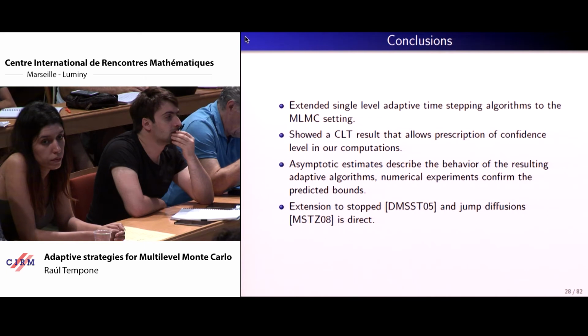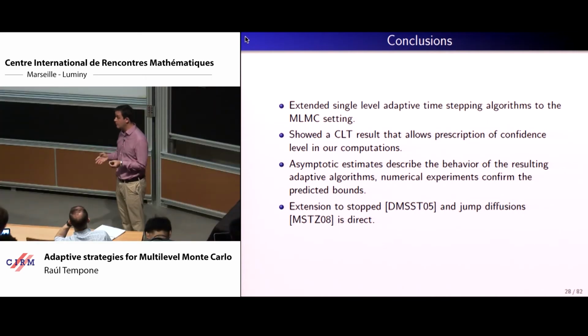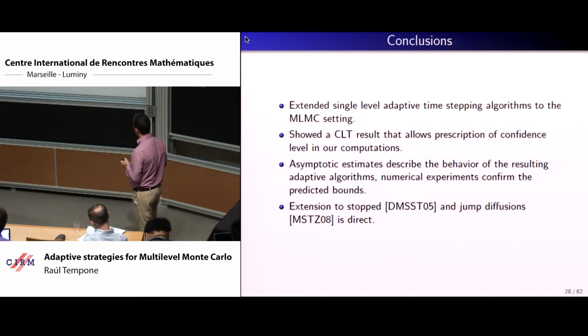The central limit theorem does not apply directly in the multi-level Monte Carlo setting because you have a sum of independent but not identically distributed random variables, so you have to resort to some Lindeberg-Feller type of result, and you have to verify this again for each of the problems that you work with. So you have to be careful with that.